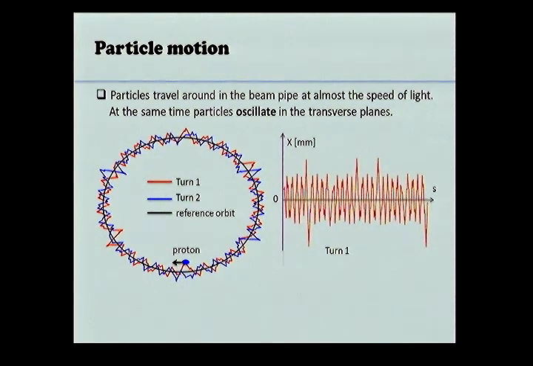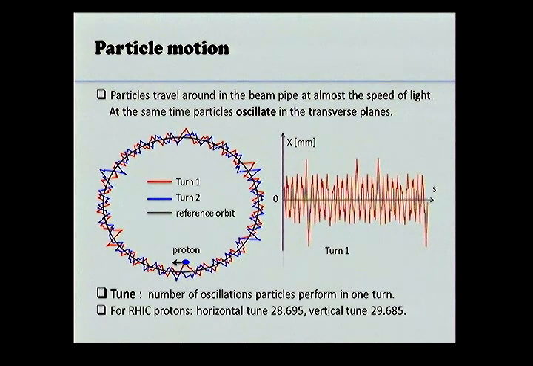To measure how fast the oscillation is, or the frequency of the particle transverse oscillation, I introduce you to an important concept, tune. The tune is the number of oscillations the particle performs in one turn. For example, for the RHIC proton, in one turn, the proton performs 28.695 oscillations horizontally. So the horizontal tune is 28.695.